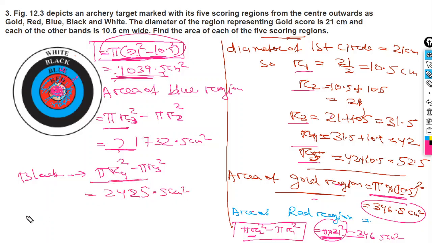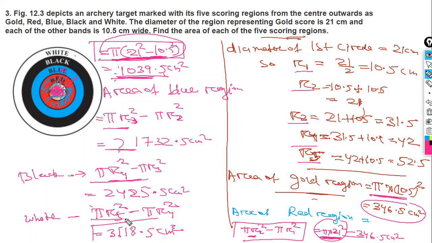Then the area of the white region will be pi R5 square minus pi R4 square. The answer will be 3118.5 cm square. I have already calculated all this. You please put the values and calculate all of this. Okay, so this is your answer.